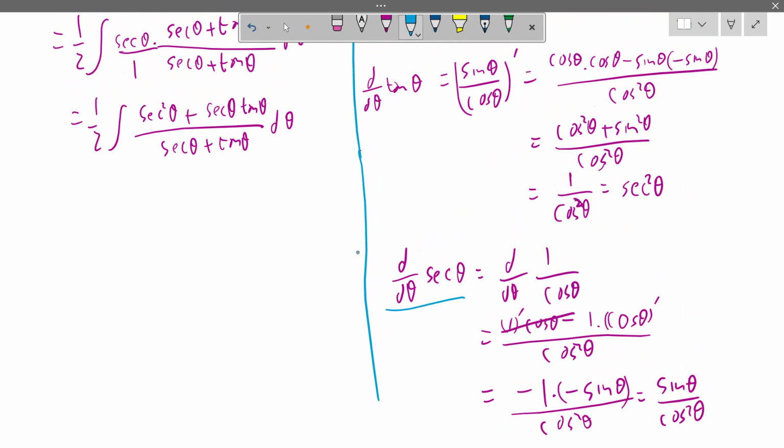Notice that the numerator has both the derivative of tangent and secant, which means we can do another substitution.